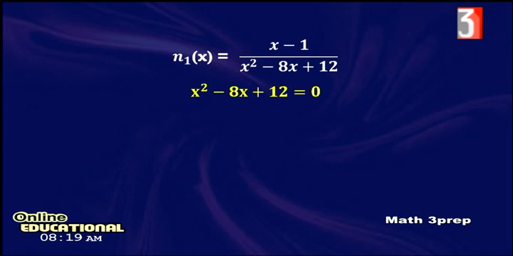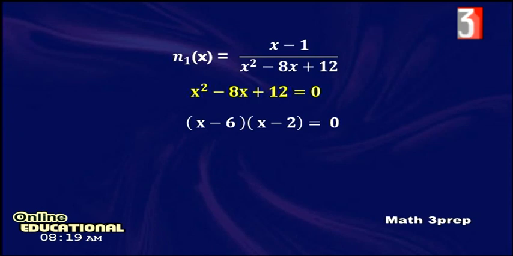What about the signs of the two brackets? The last term is a positive sign, so they are both like each other. According to the middle term, it is negative, so the two brackets will be with a negative sign. Then the two brackets will be x minus 6 multiplied by x minus 2 equals 0.